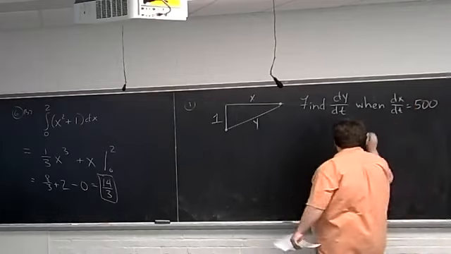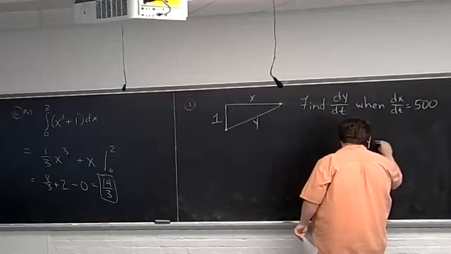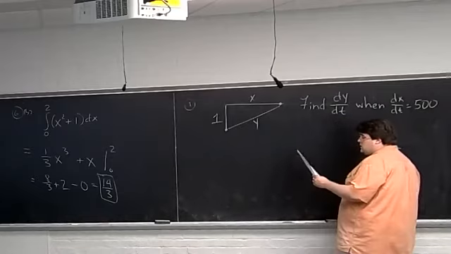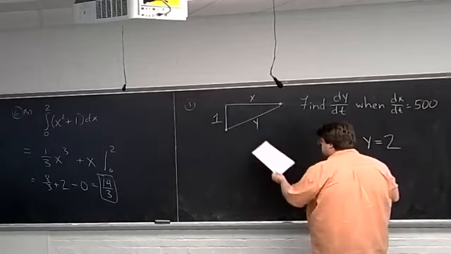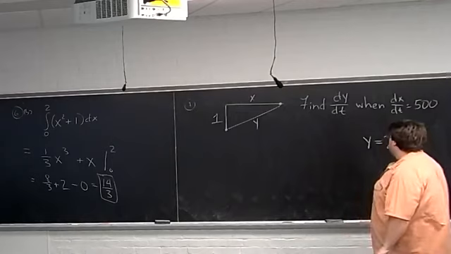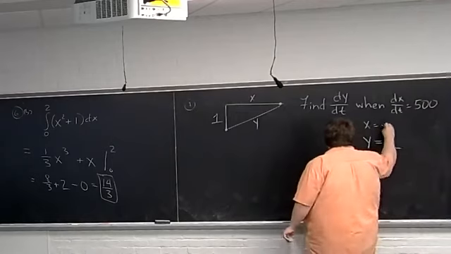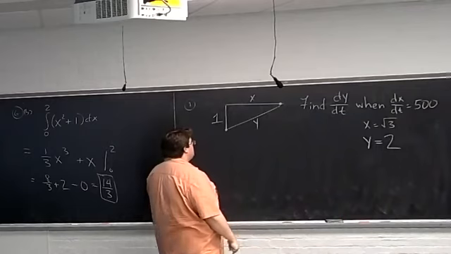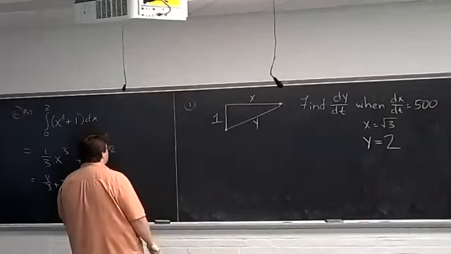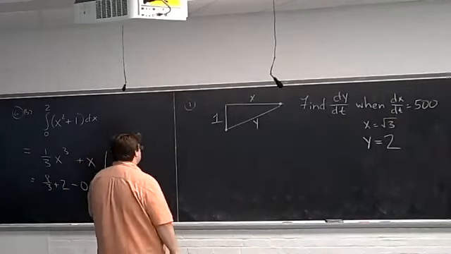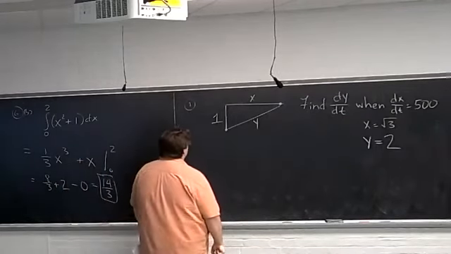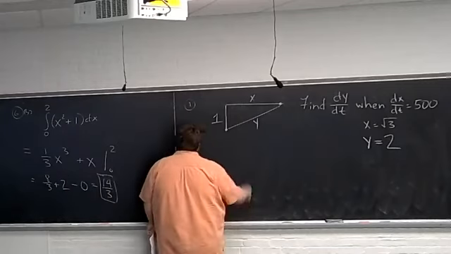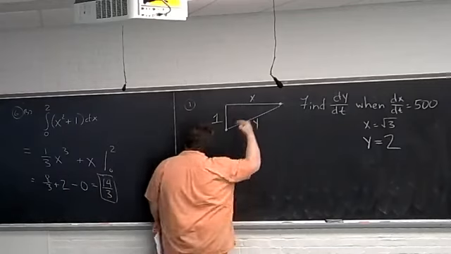And when y equals 2, x is √3, from our 1, √3, 2 triangle that we've seen before. Or you could say Pythagorean theorem, 1 squared plus x squared equals 4, so x equals √3.